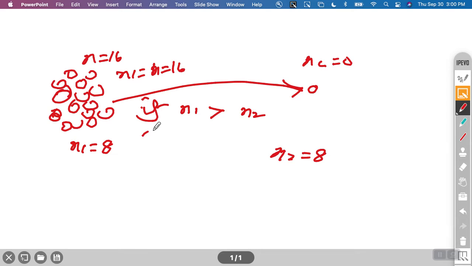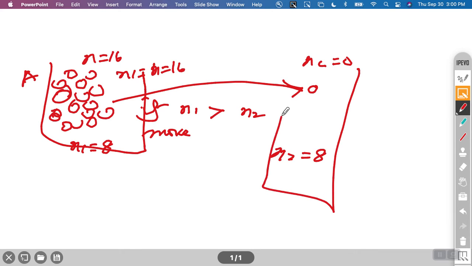is still greater than n2. Then move one item from this side, this bucket, maybe from bucket A. This is an array A, and this is maybe array B. Wouldn't you increment n2 and decrement n1? Yes.